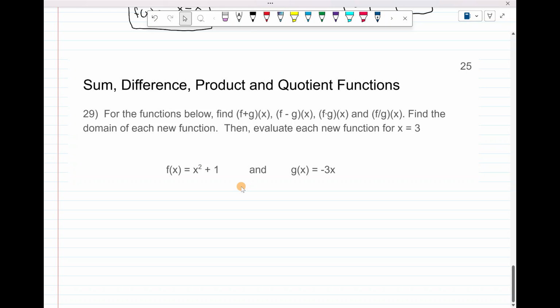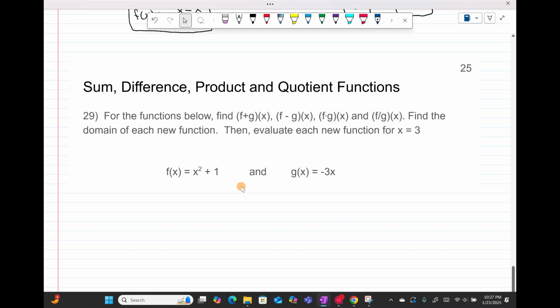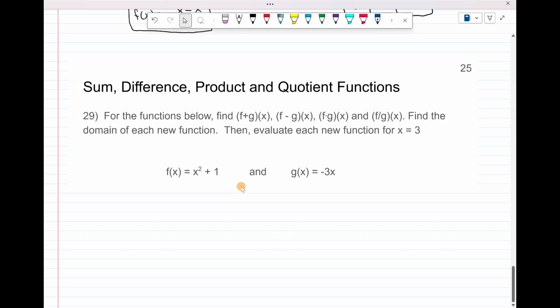So here we have f of x, which is equal to x squared plus 1, and we have g of x, which is equal to negative 3x. One thing I want to point out is that the domain of f is equal to all real numbers, which we express in interval notation as negative infinity to positive infinity.